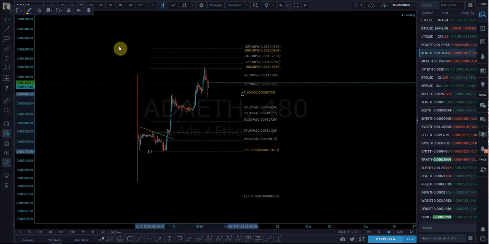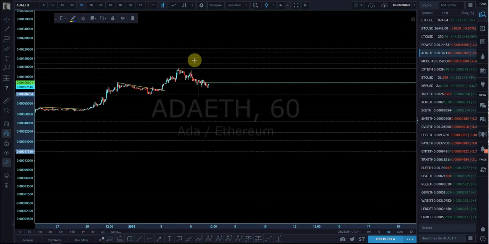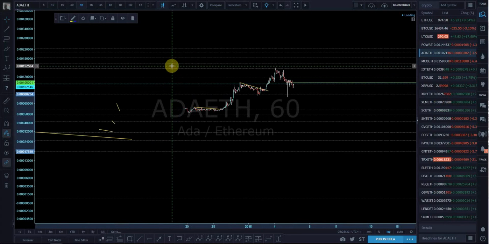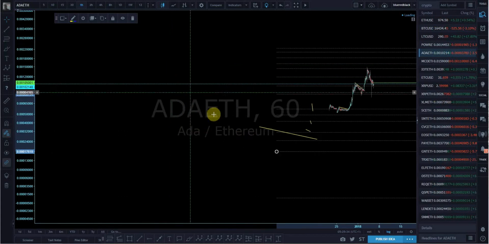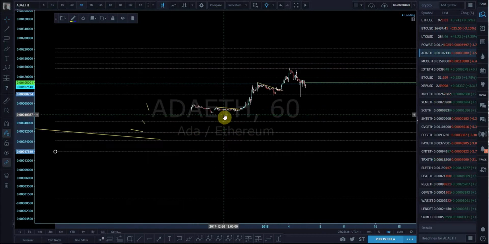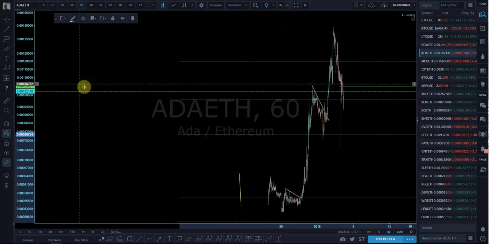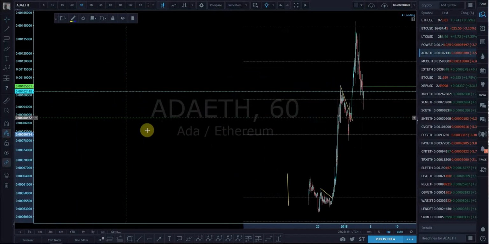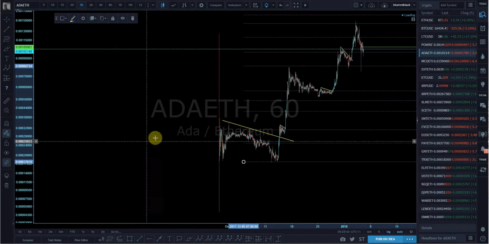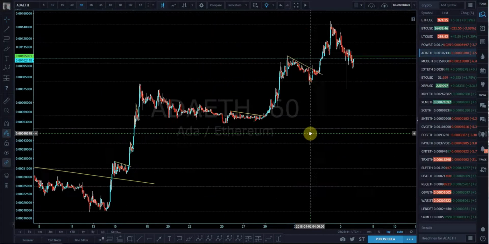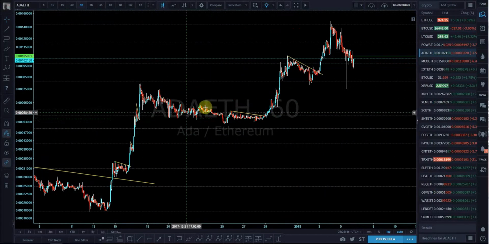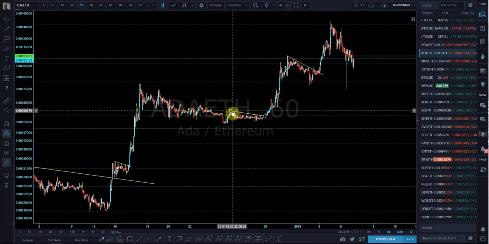So here, one thing too to show you. Let me go to a lower time frame so it's a little bit easier to see. There we go. All right, so right here you have basically like a 1, 2, 3, and this move up.